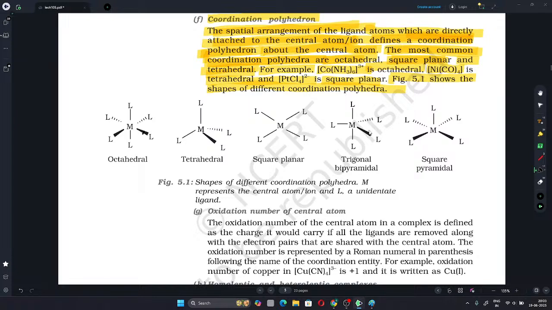This is a trigonal bipyramidal. This is the square pyramidal because it forms a square base and a pyramid structure.